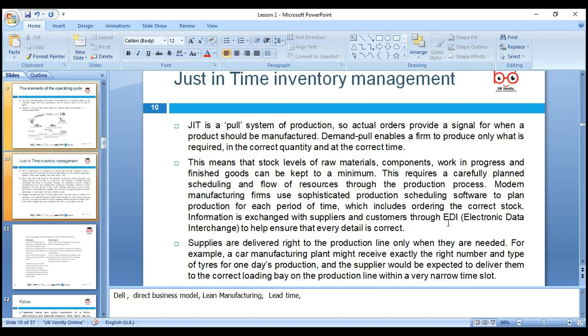It is now possible because we have electronic data interchange. We can track it, we can order, we can minimize the cost through this, and we can use the just in time system now because of the technology, due to the fast communication channel and transport.